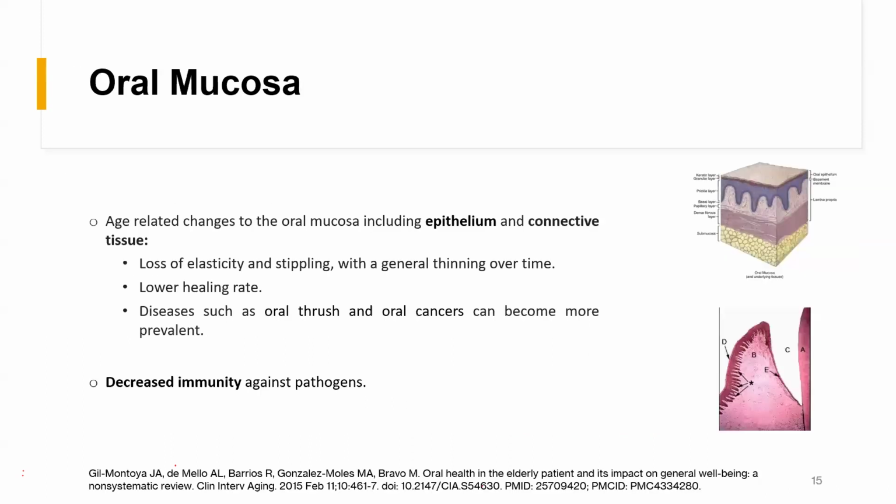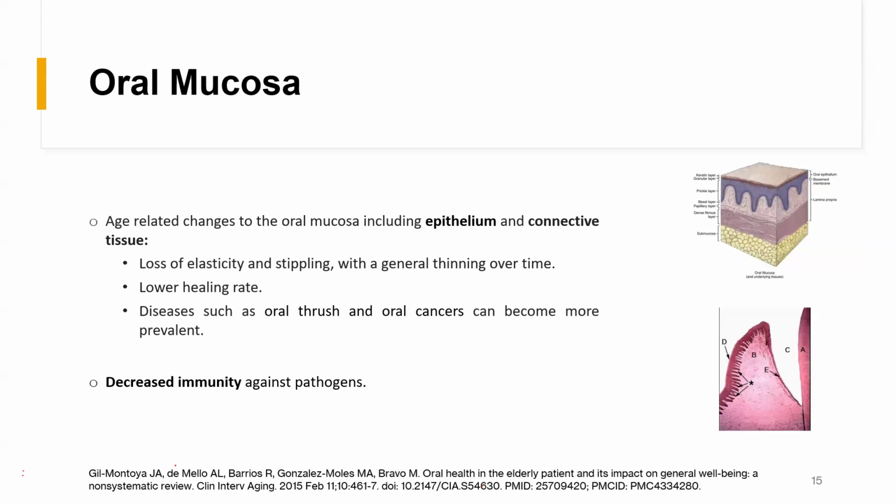Okay. After the salivary flow, we'll talk about the oral mucosa, including the epithelium and the connective tissue. The age-related changes to the oral mucosa include loss of elasticity and stippling of the gingiva, with a general thinning of the oral mucosa over time.